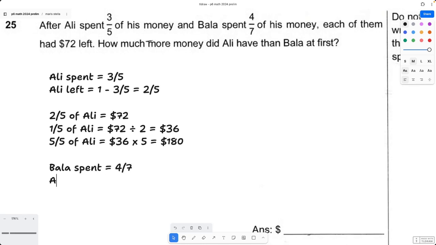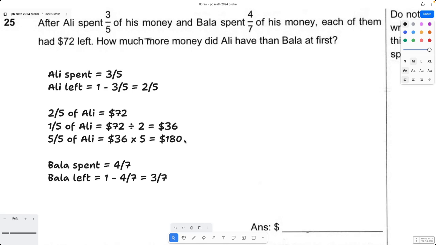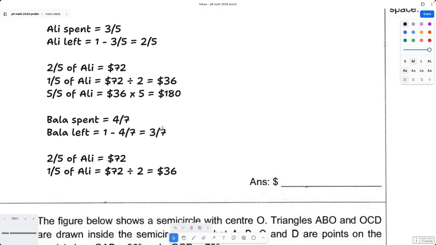Okay, and then Bala left 1 minus 4 out of 7, which is 3 out of 7. So same thing as this. I'm gonna just copy this part, right? Okay, so Bala has 3 out of 7.